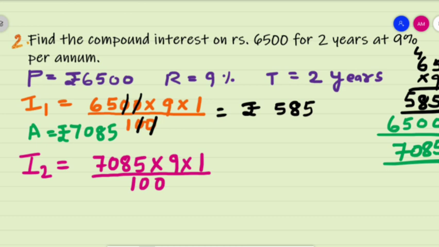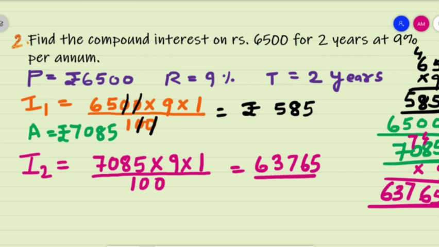Since we cannot cancel here, we will multiply and then put the decimal after two places. Let us multiply 7085 by 9. 9 5s are 45, 4 carry, 9 zeros are 0 plus 4, and 9 7s are 63. Here you are getting 63765.